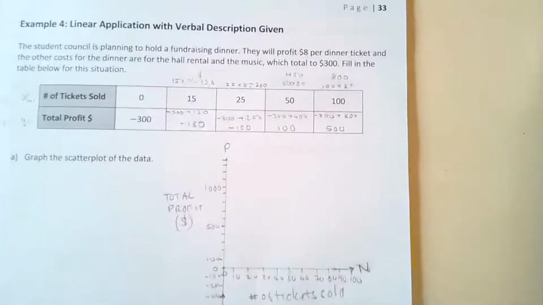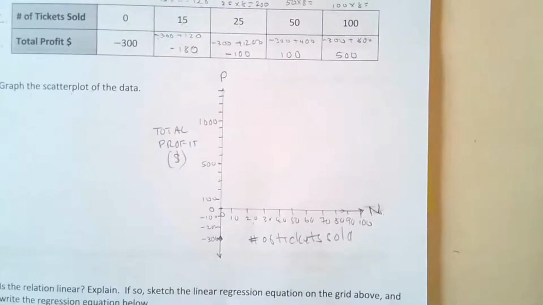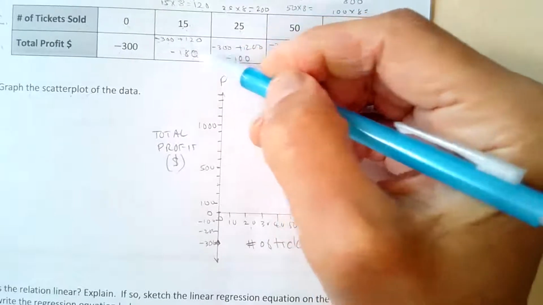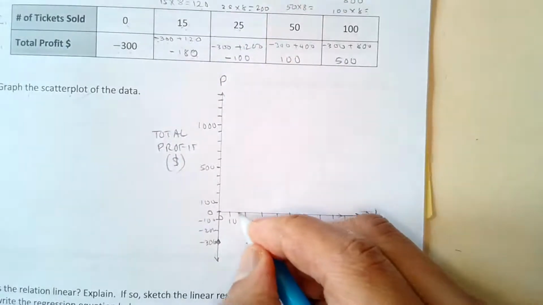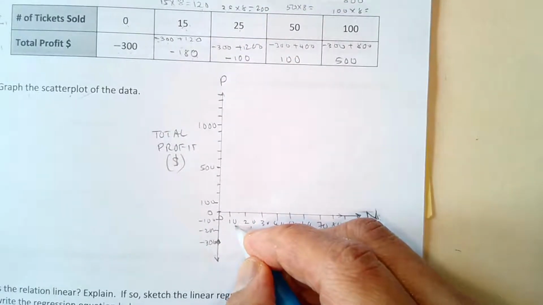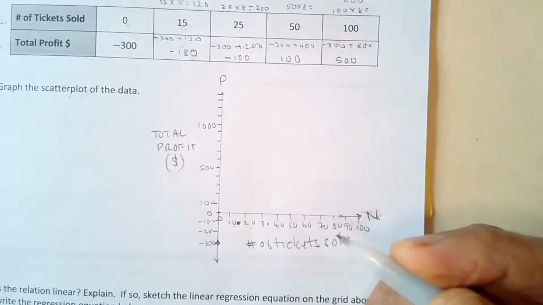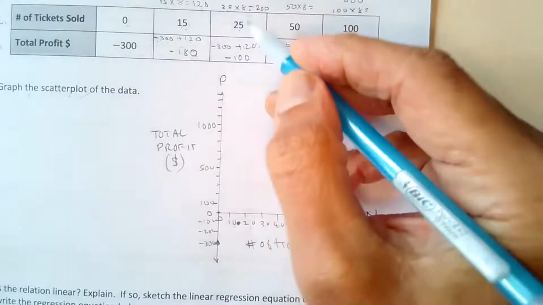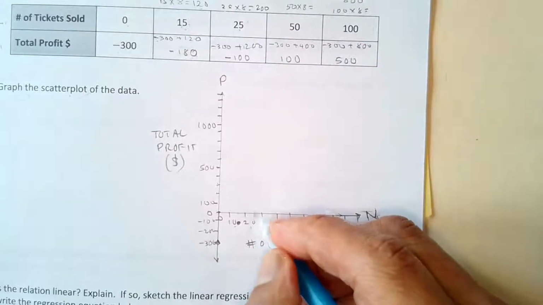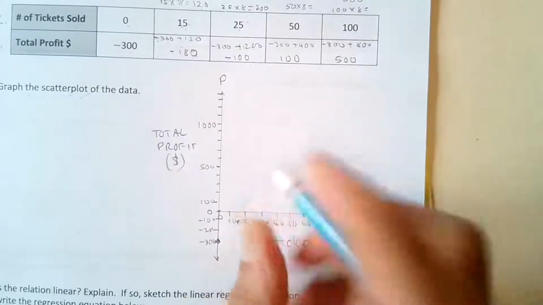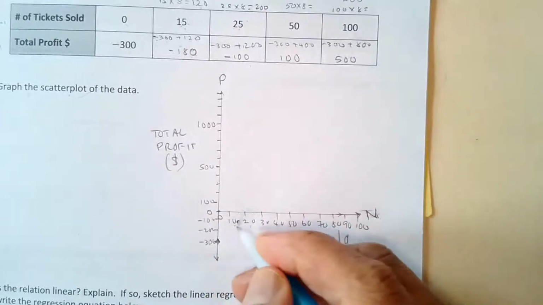Just zoom in a little bit here. When x is 15 is negative 120. So 15, negative 120 approximately here. I'm giving it a little sketch here. Maybe it should be a bit lower. So 15 would be about here.